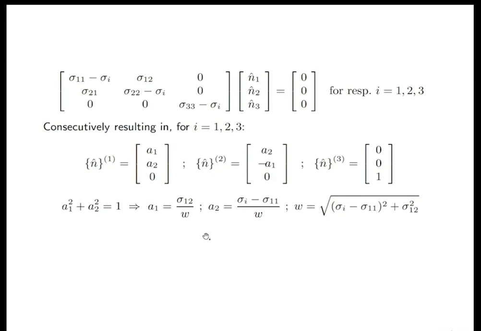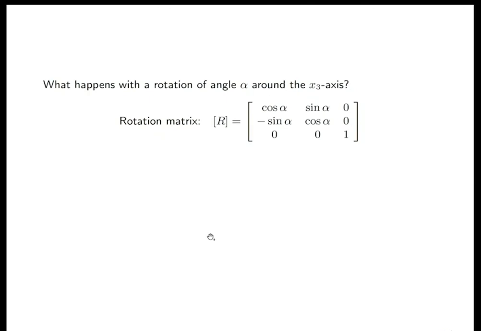So this is the symbolic way to solve for eigenvectors. And actually, when you do this, then you will find a rotation matrix which is related to rotation around a certain angle.